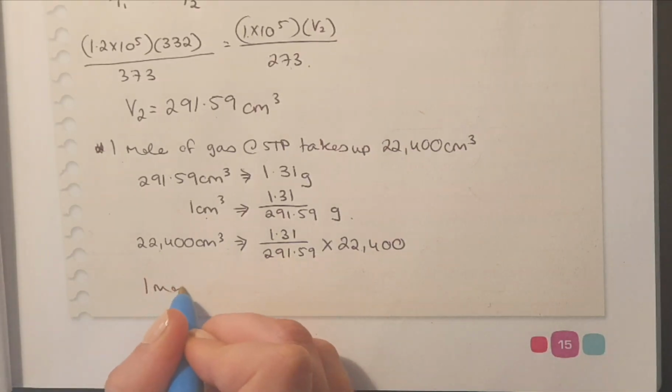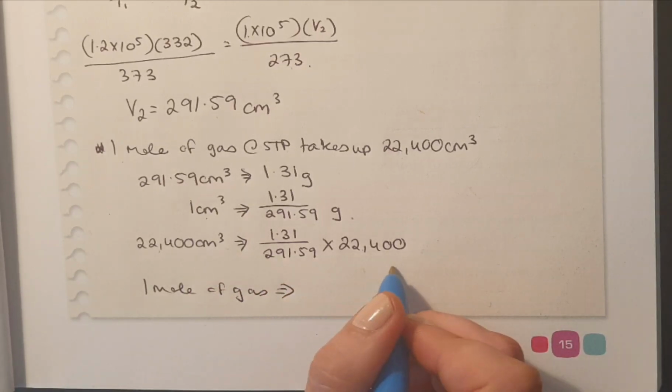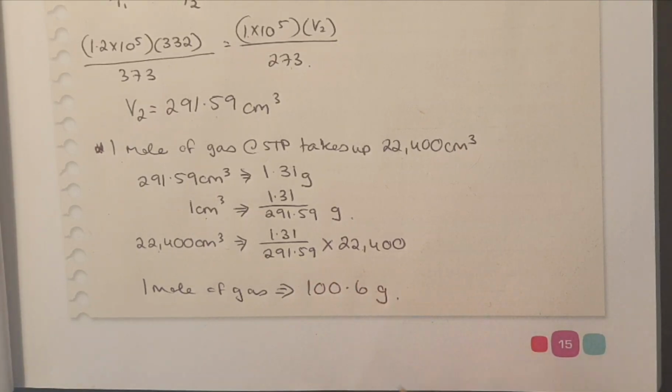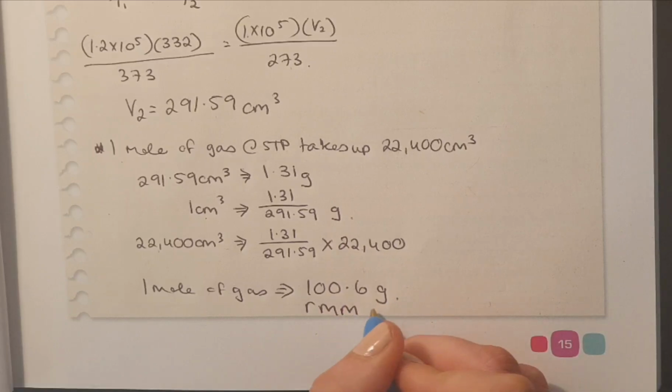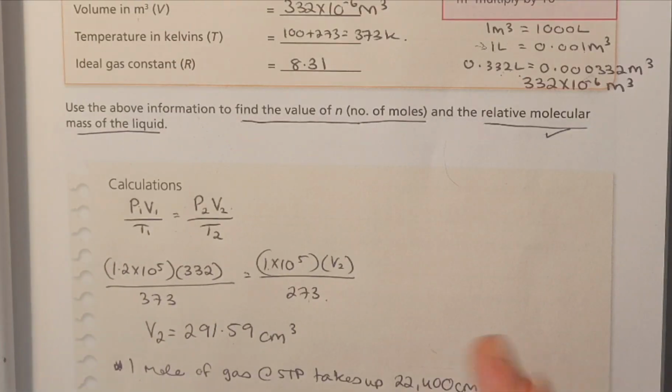And I'll find out that 1 mole of gas has a mass of 100.6 grams. So that is the relative molecular mass of my gas. So I have that section up here done.